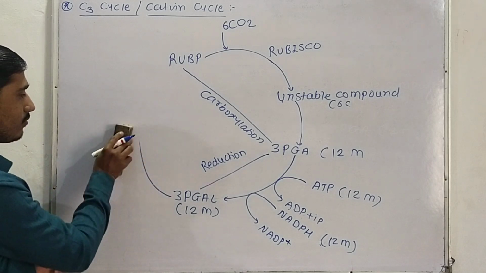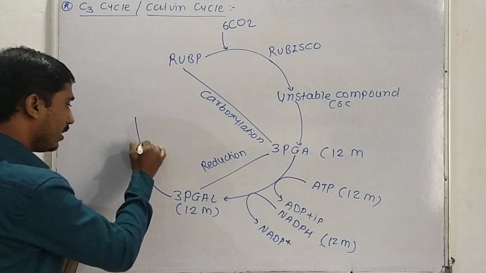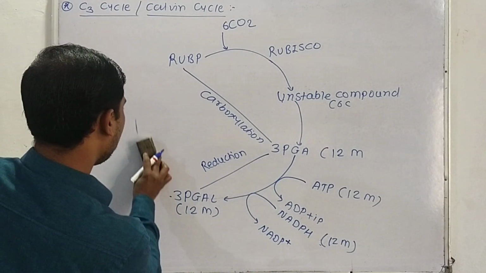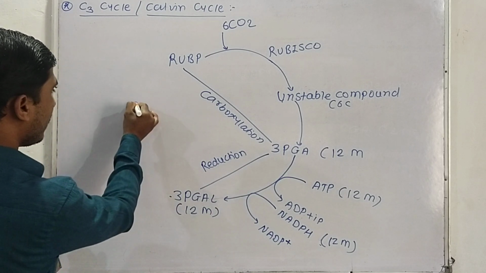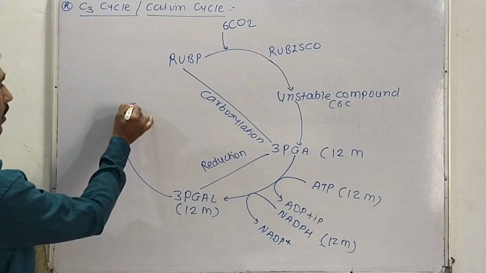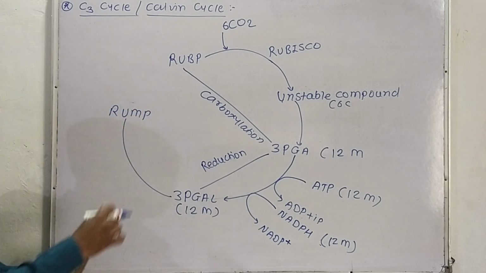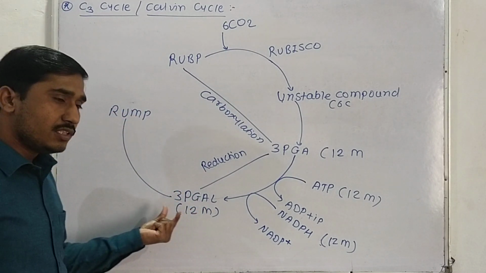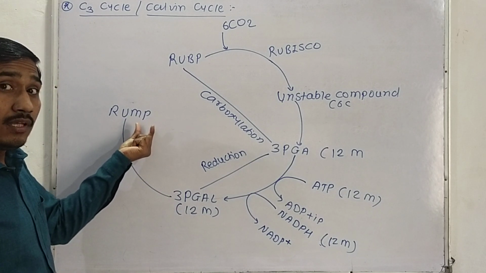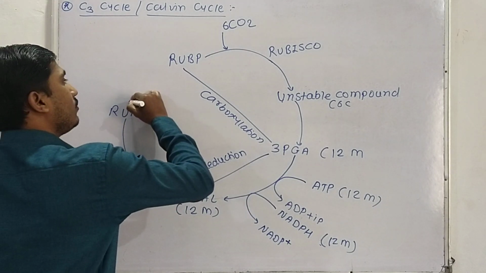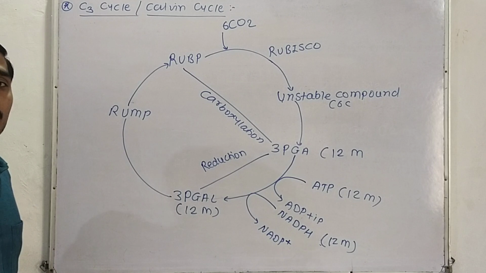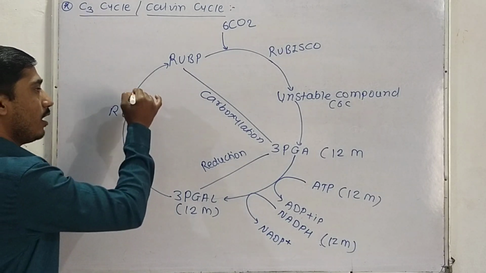But we will see about one intermediate product, that is RuMP. Here, during the regeneration process, 10 molecules of PGAL are converted into RuMP. Then from RuMP there is a regeneration of RuBP.